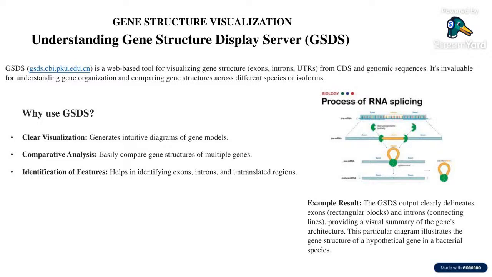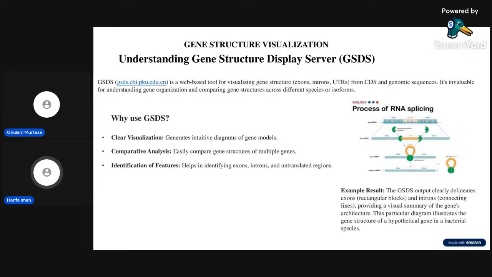And in the next slide, the steps to use GSDS. First of all, visit the GSDS website and choose the appropriate input format. As I discussed above, CDS or genomic format. Paste the genomic sequence and the CDS sequence into our input boxes for any species and submit the job.